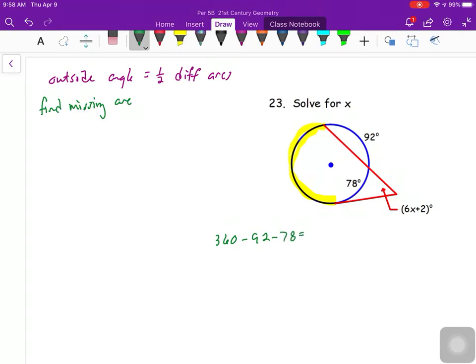And again, the missing arc would be this one, right here. That missing arc is going to be 360 minus 92 minus 78. So that's 190.